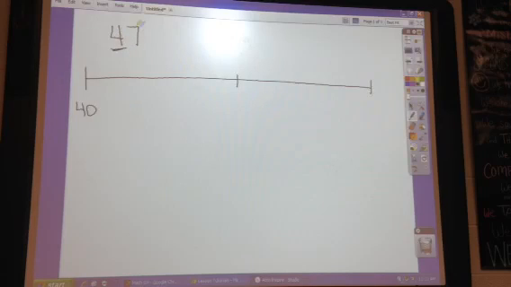We decided that 47 would come between 40 and 50 on a number line, and then we would go through and number all of the numbers in between those. So 41, 42, 43, 44, 45, 46, 47, 48, 49.